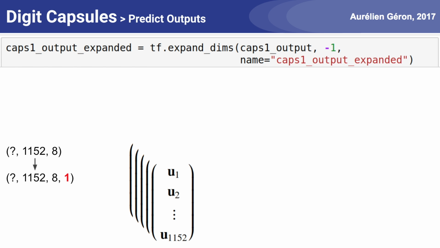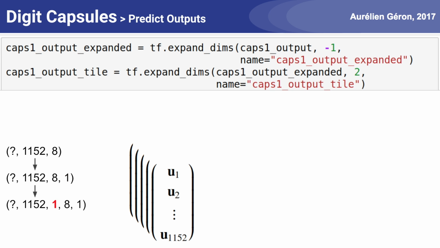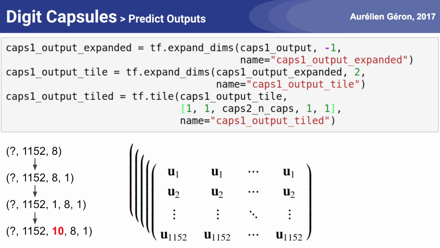First, we add an extra dimension at the end using TensorFlow's expand_dims function, and the vectors are now represented as column vectors instead of one-dimensional arrays. Each of these is a column vector. A column vector is a matrix, a 2D array with a single column. Then we add another dimension for the digit capsules. And we replicate all the output vectors 10 times across this new dimension, once per digit capsule.